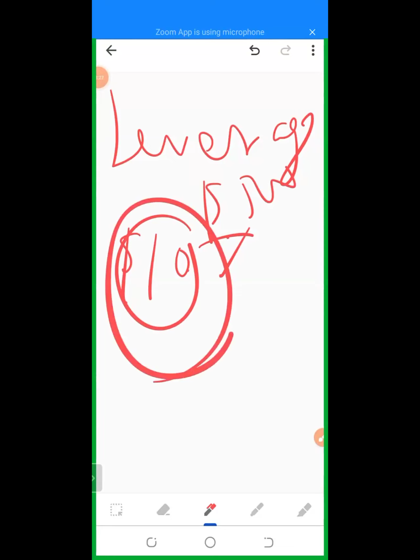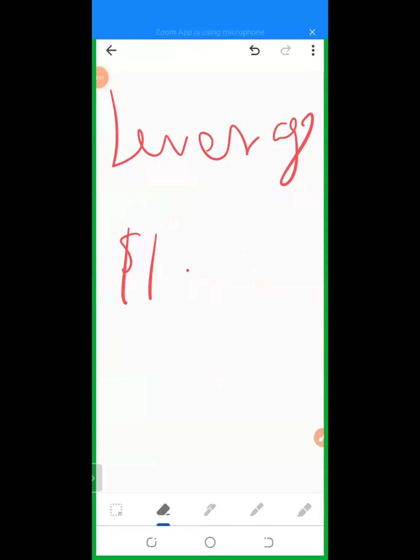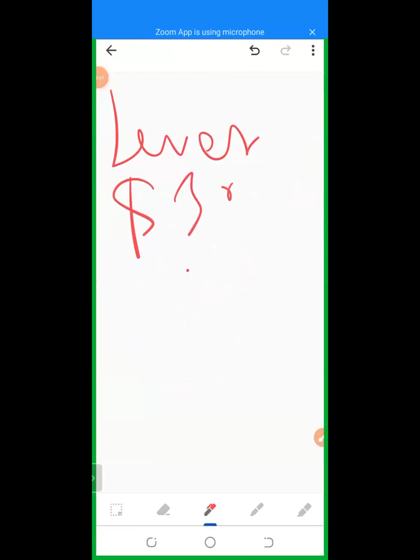So in futures trading, we have leverage. When you want to place a trade, let's say you have only $30, and you want to use just $3 from the $30. I'll tell the reason why later.